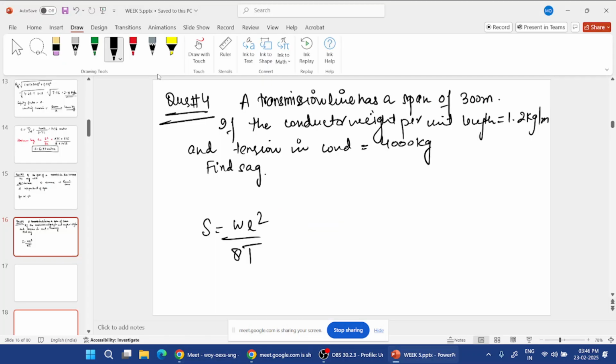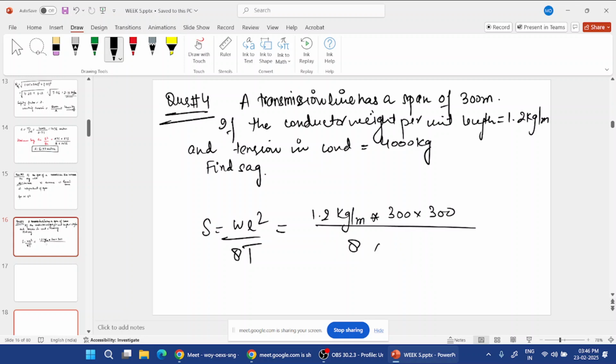So actually, in this, what is W? W is the weight per unit length, which is 1.2 kilogram. And L is the span length, which is 300 meter. So it is 300 into 300.